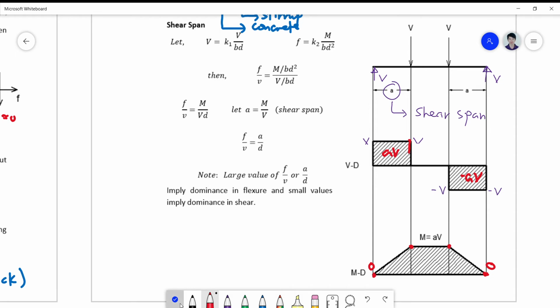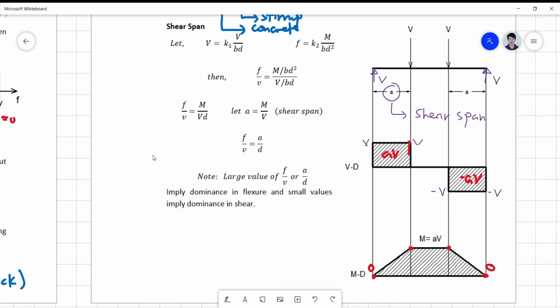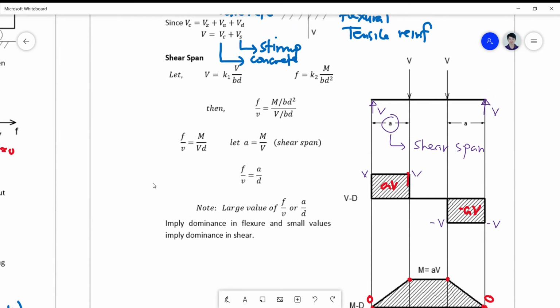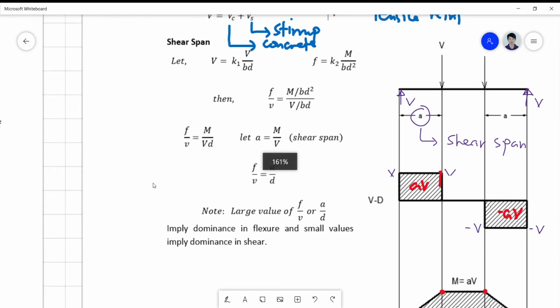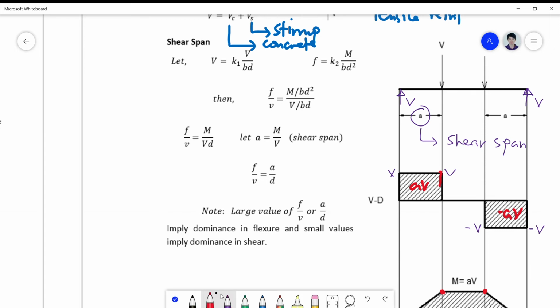Okay, so to continue now, how do we use the shear span variable to categorize or characterize a beam in terms of dominance? I want you to take note of the word dominance here. So let's first define the formula for shear.